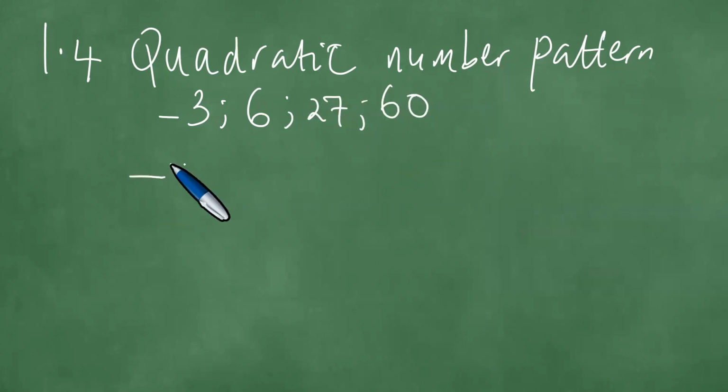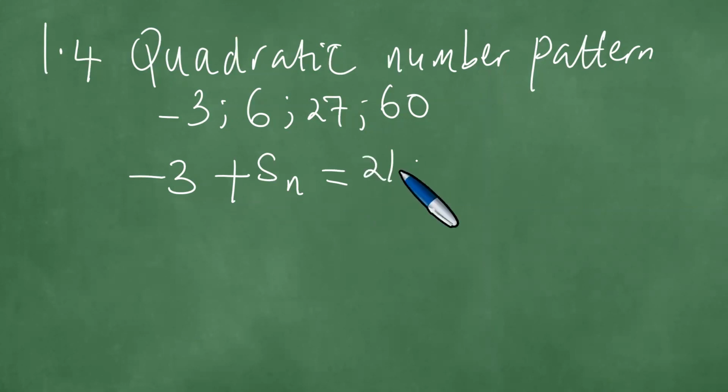So we are adding now to the first term. The first term is -3, and we're adding the Sn terms, and we're getting an answer of 21,060. And we're saying how many of these terms were added.